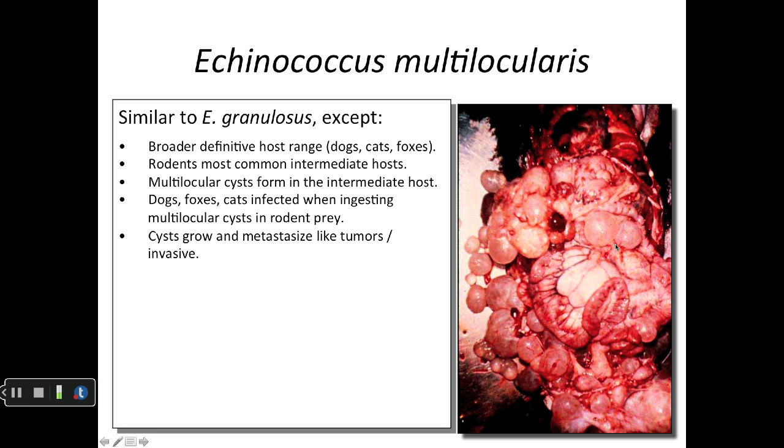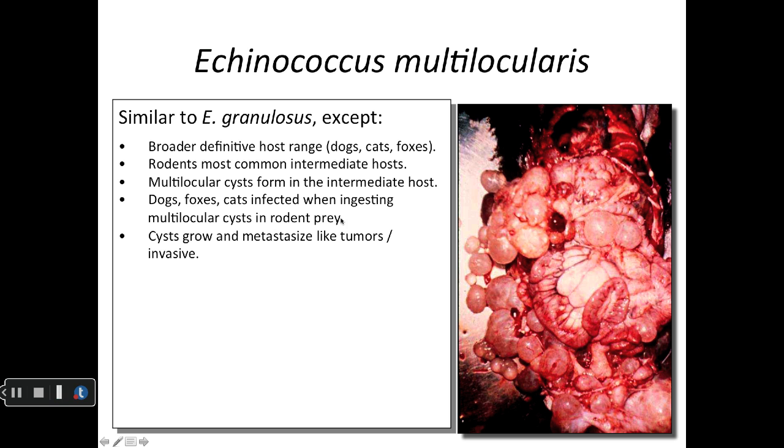So just to remind you, these large cysts contain exogenously budding brood sacs as well as endogenously budding brood sacs. And these cysts grow like tumors. They grow into tissues, they're invasive, and these brood sacs can metastasize and spread through other areas of the body. They can be extremely dangerous if they develop inside of a human.